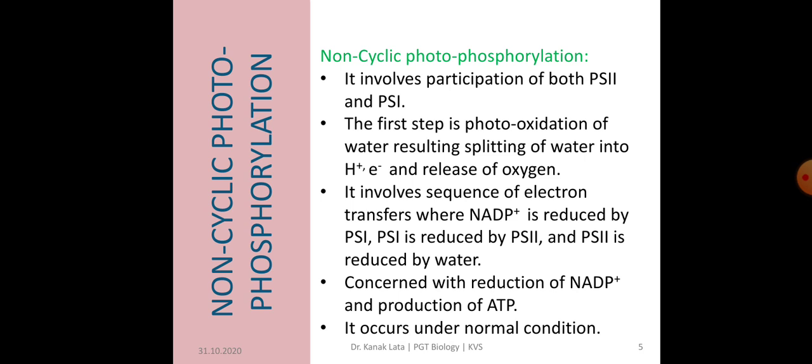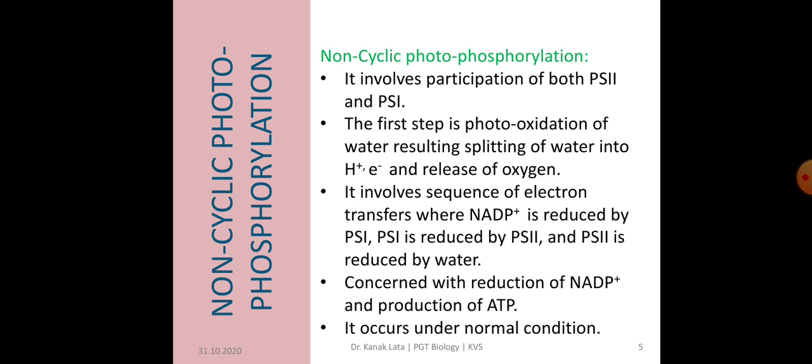Now let us discuss non-cyclic photophosphorylation. Non-cyclic photophosphorylation involves both photosystem 2 and photosystem 1. In this case, the first step is photooxidation of water, resulting in the splitting of water into hydrogen, electron and release of oxygen.